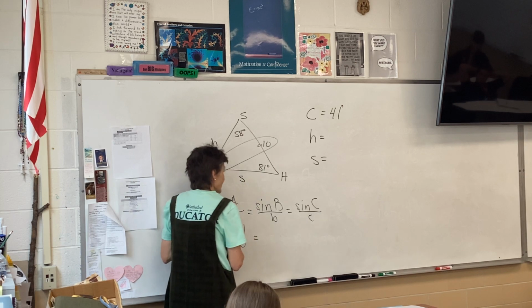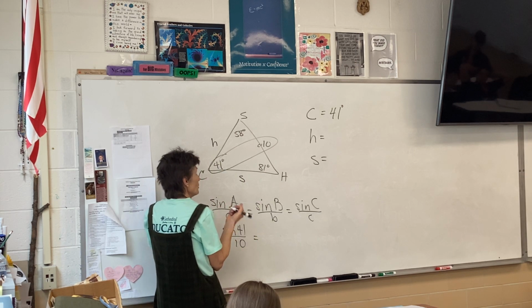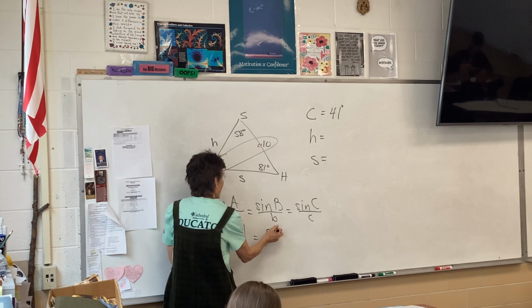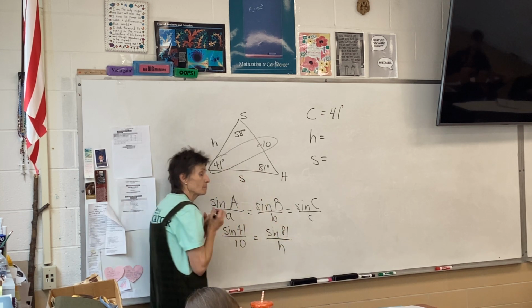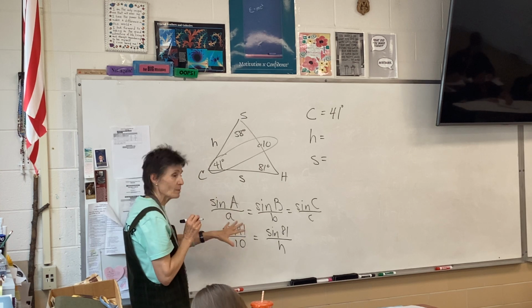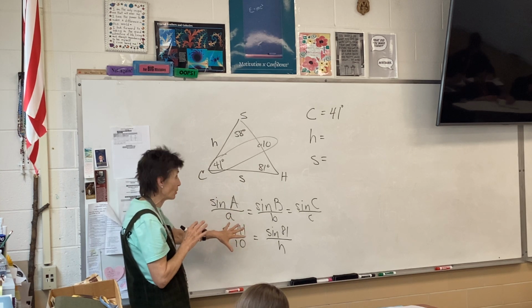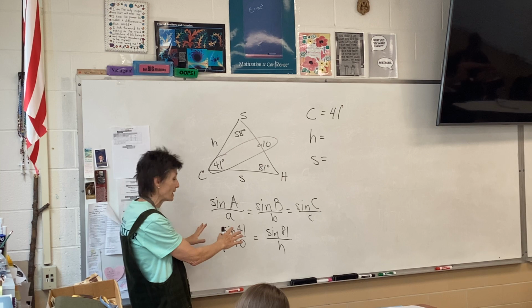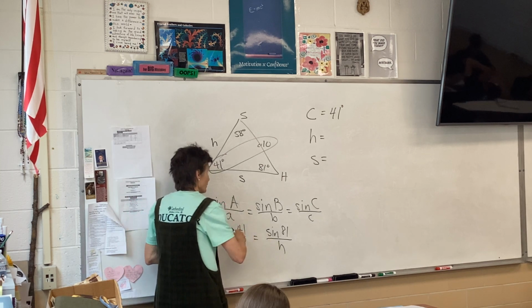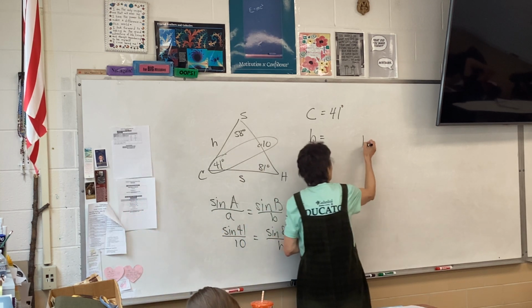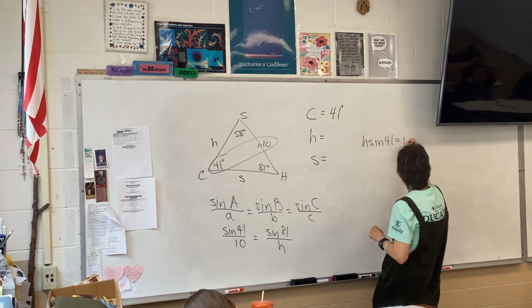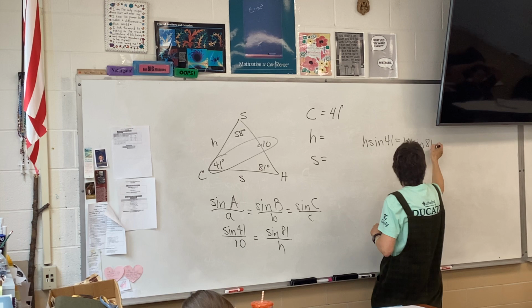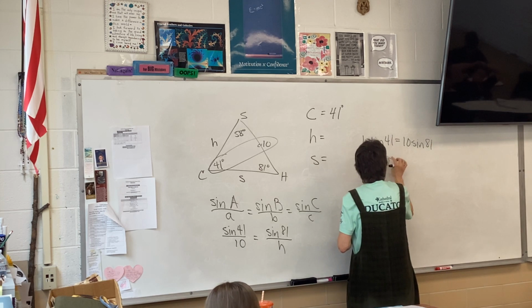Now, what am I going to set that equal to? That's up to you. Could we say sine 81 over H? Now, stop there, we can't handle any more at once. So I'll cross multiply. H sine 41 equals 10 sine 81, and divide.